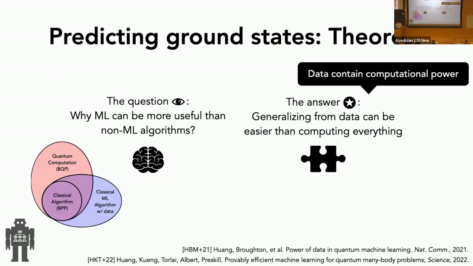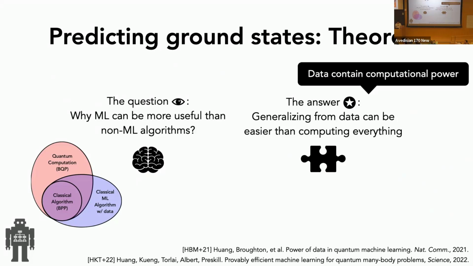Sorry, another question. You mentioned that shadow tomography can help improve the accuracy of a classical machine learning model, right? But another very important question for machine learning algorithms is trainability. Does it also help with that?